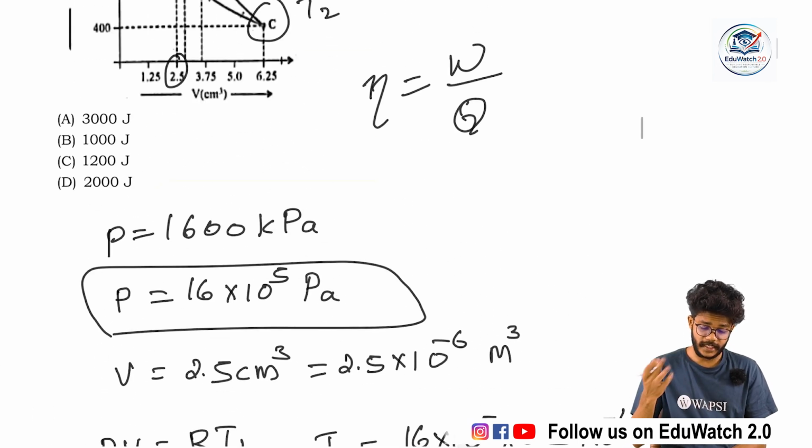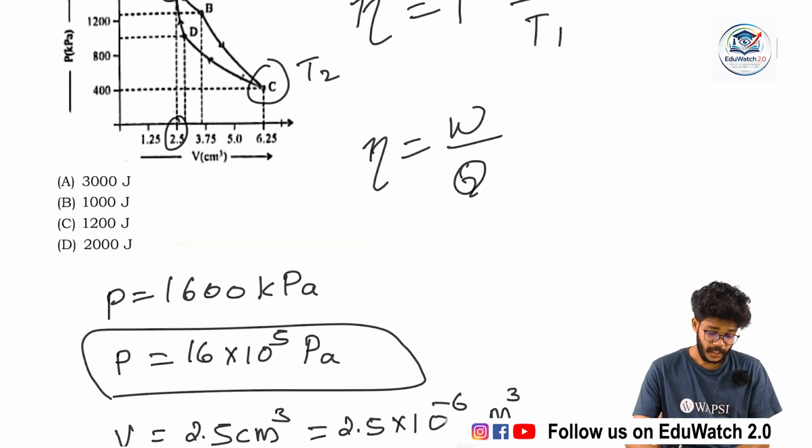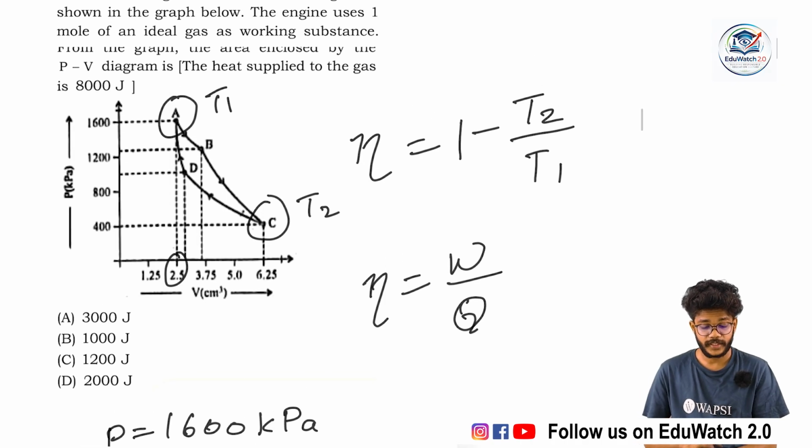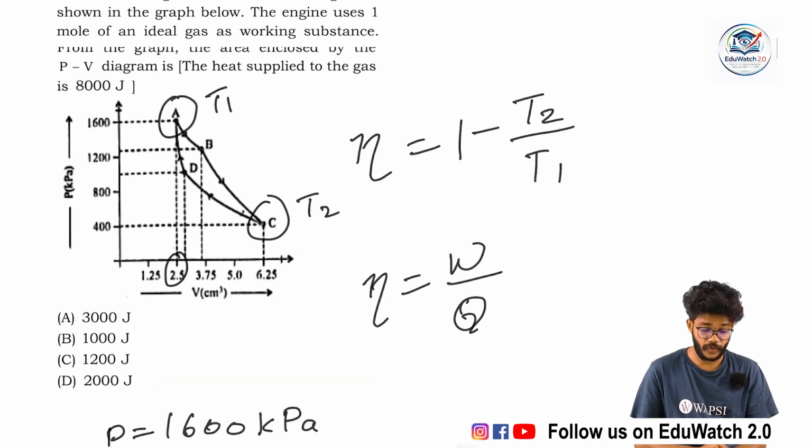Next I am going to find T2. T2 is the temperature at C. Pressure is 400 and the volume is 6.25.